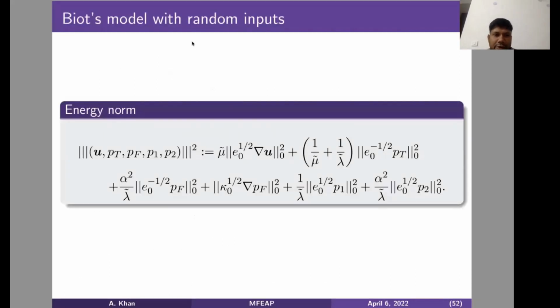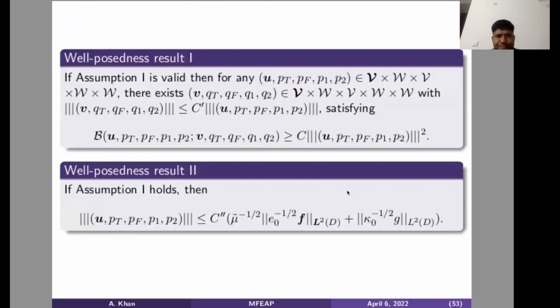Now we'll define our norms to discuss the well-posedness result. And here again, as I'm saying, if you are talking about robustness with respect to this Poisson ratio, you have to choose a norm carefully. Otherwise, again, to solve this problem, we have to face a difficulty. So we'll choose this weighted norm with these parameters mu tilde and kappa and other parameters alpha.